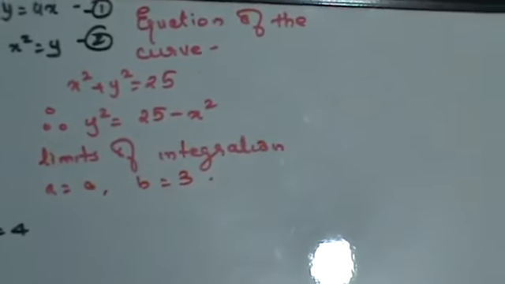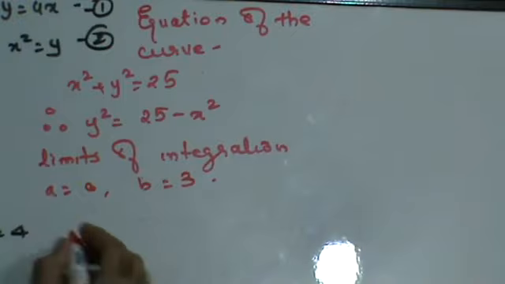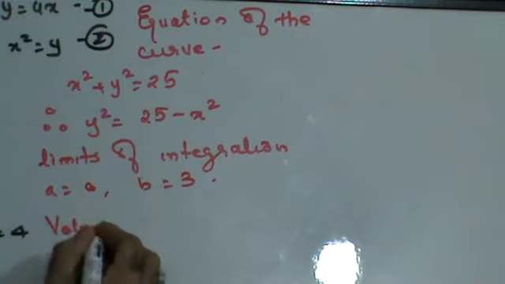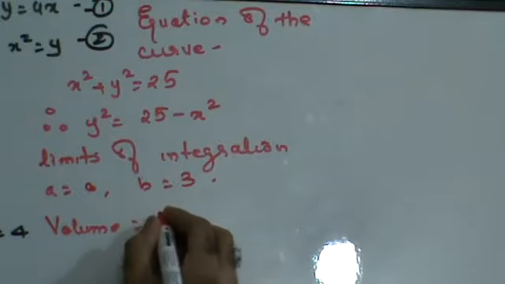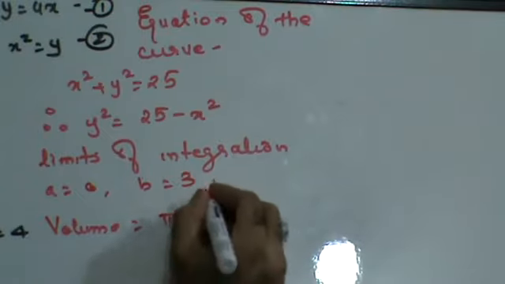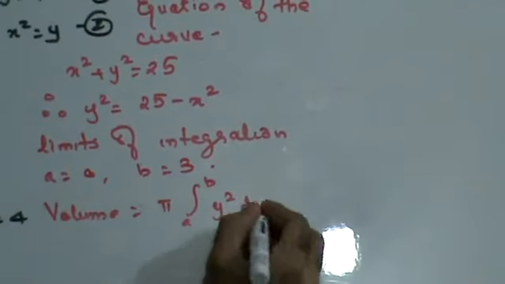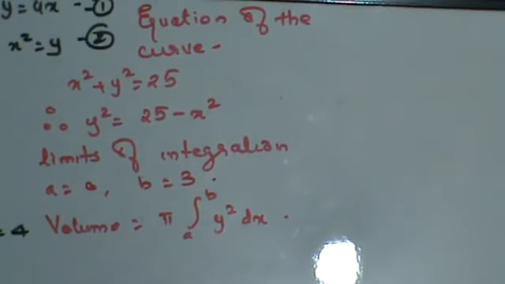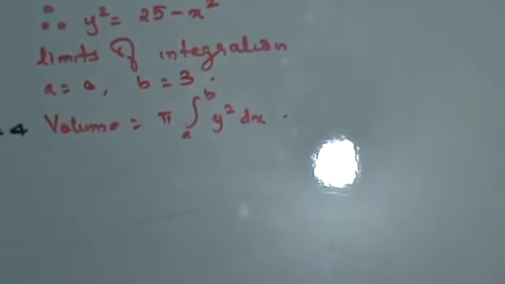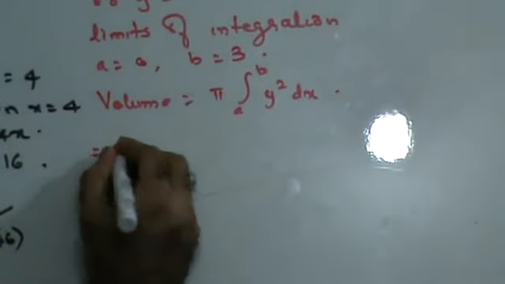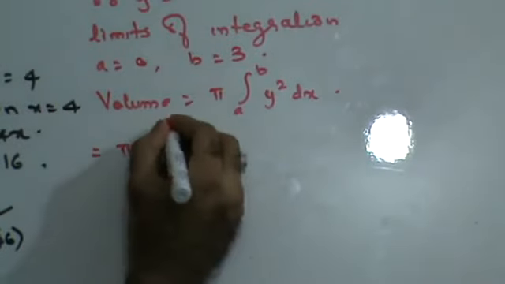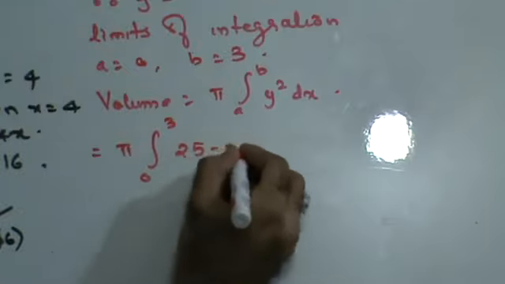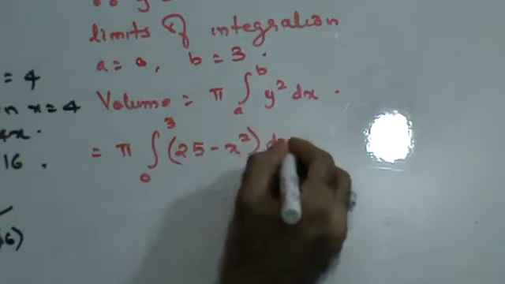Volume of any curve is given by the formula pi times the integral from a to b of y square with respect to x. That's how you find out the volume of a curved figure. So in that case, this is going to be pi times the integral from 0 to 3 of 25 minus x square with respect to x.